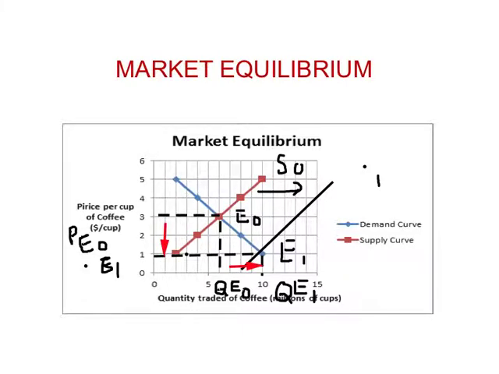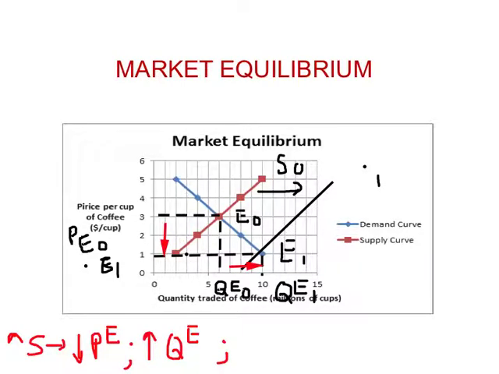So let us just write this down: an increase in supply, or a rightward shift of the supply curve, will cause a decrease in equilibrium price and an increase in quantity traded. So price and quantity traded move in opposite direction when we are looking at a supply side shift.